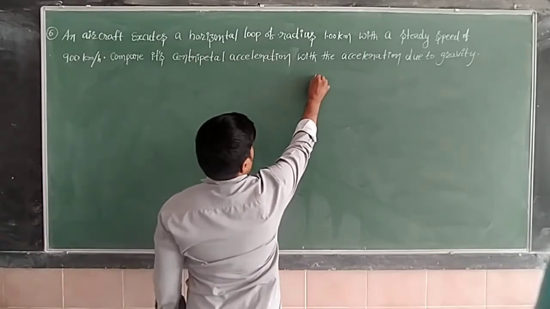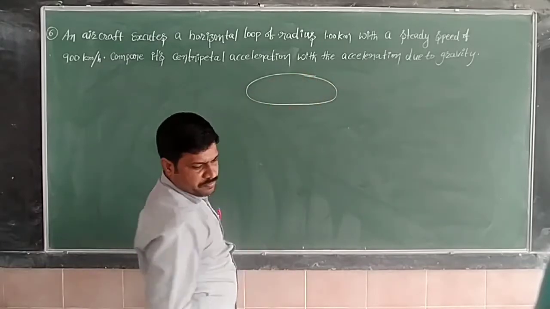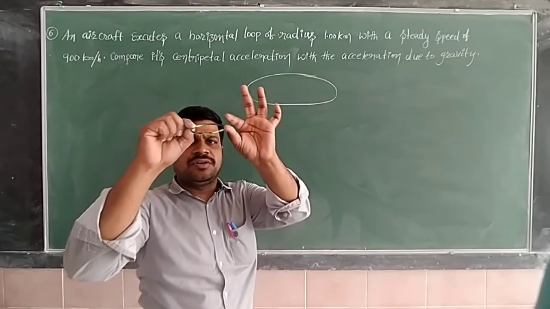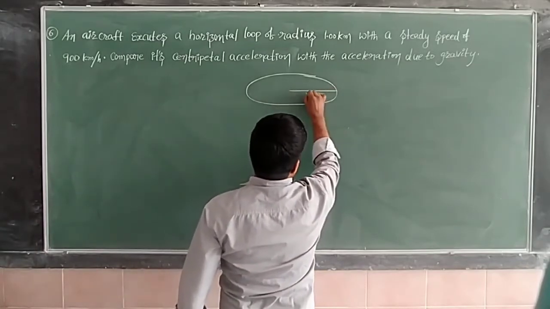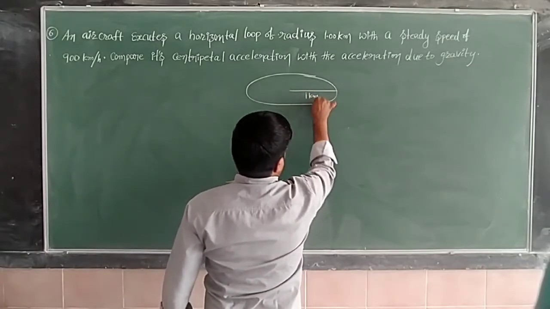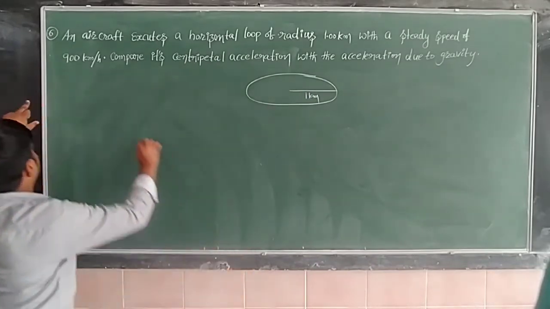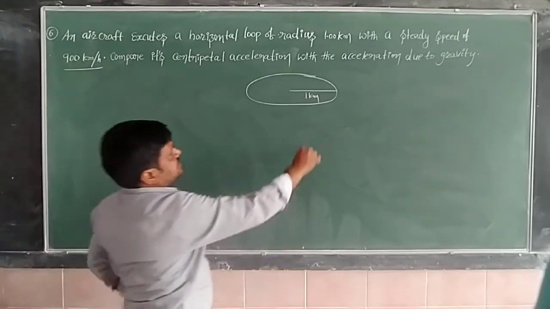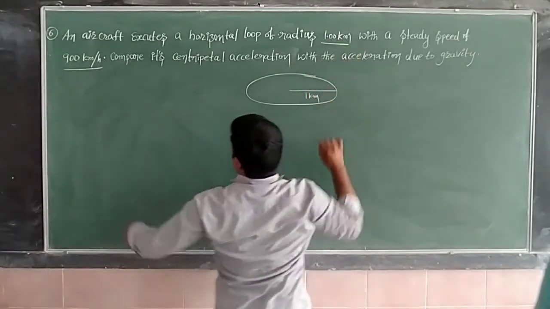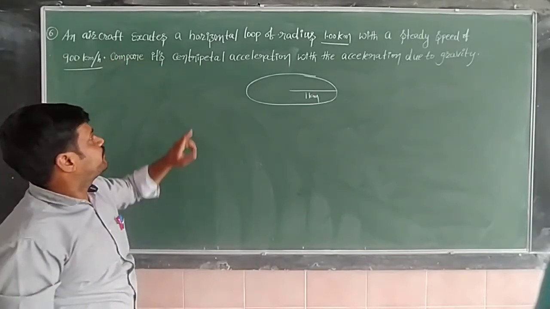That means one aircraft is having one horizontal circular loop, as I have just shown. The radius is 1 kilometer, and it moves with a steady speed of 900 kilometers per hour. So the radius is given as 1 kilometer and the speed is given as 900 kilometers per hour.